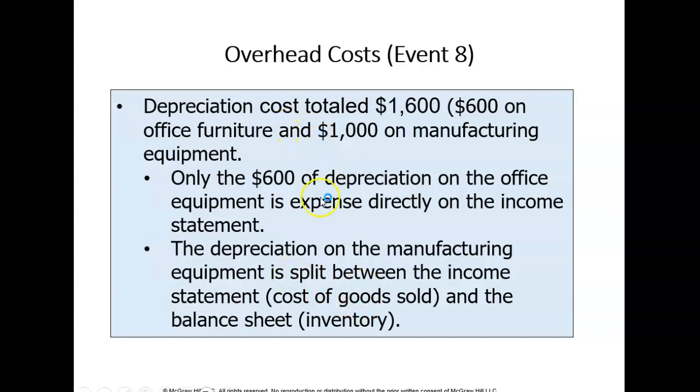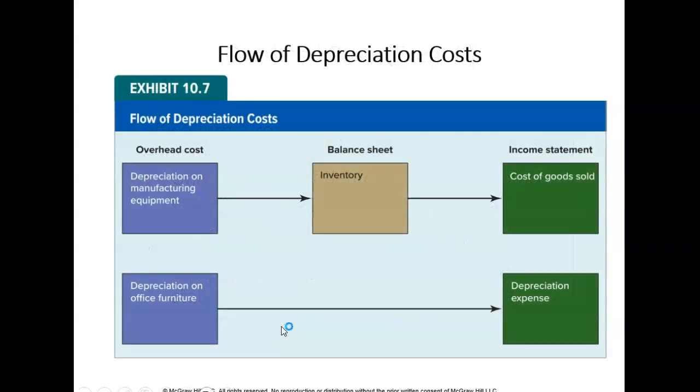So initially 1,000 will be shown on the balance sheet as inventory cost, but then once you sell the product, that cost becomes an expense known as cost of goods sold. So here we have depreciation on manufacturing equipment. First it goes on the balance sheet in the inventory account. Once it's sold, it's shown as an expense known as cost of goods sold, but the alternative, depreciation, will be expensed right away on the income statement as your depreciation expense.